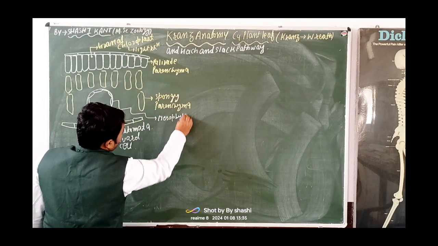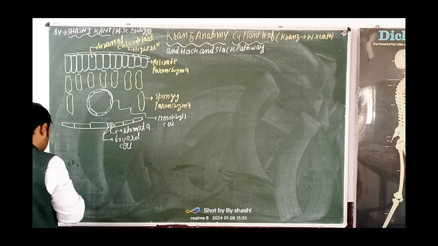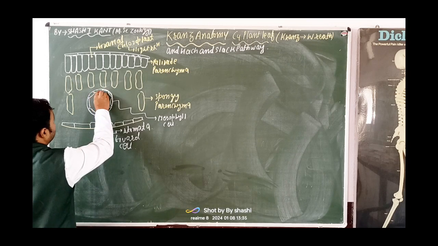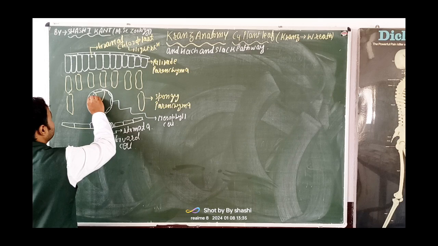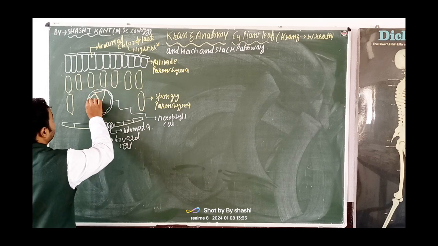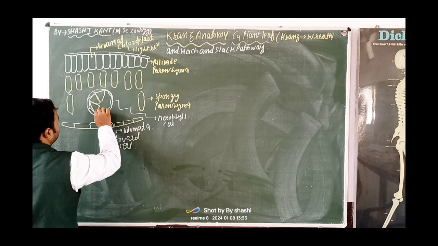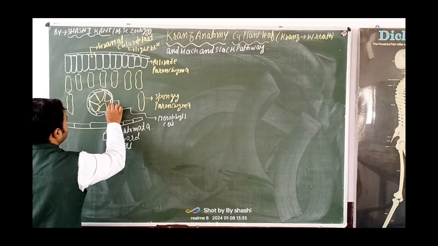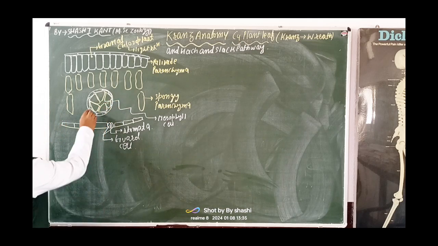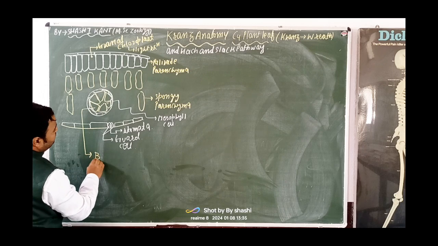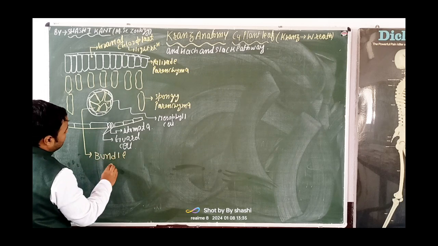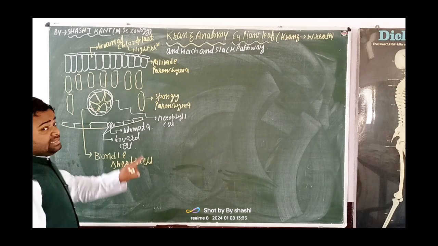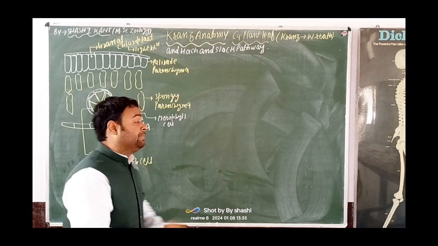Inside this mesophyll cell, the bundle sheath cell is present. This is actually the bundle sheath cell. And inside this bundle sheath cell, there is a vascular bundle.